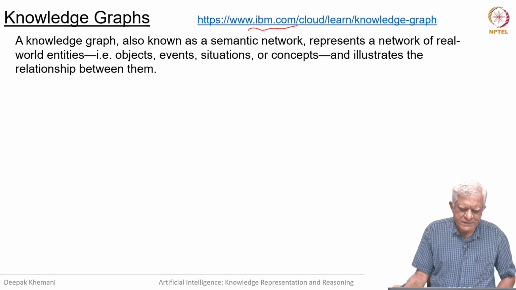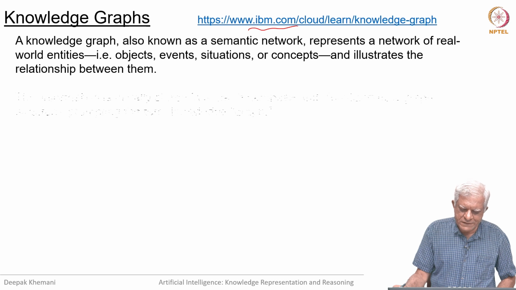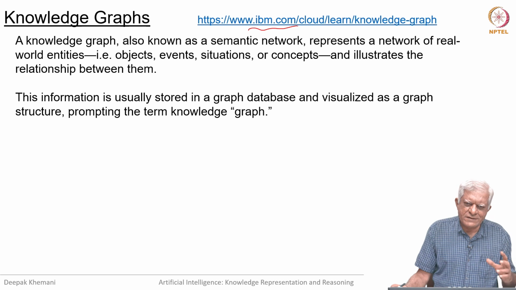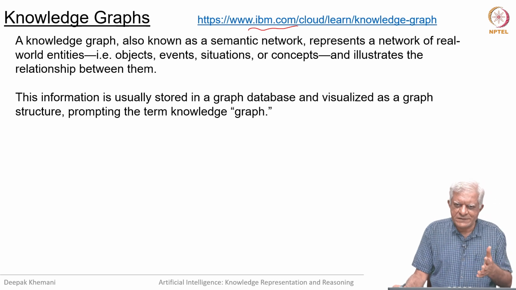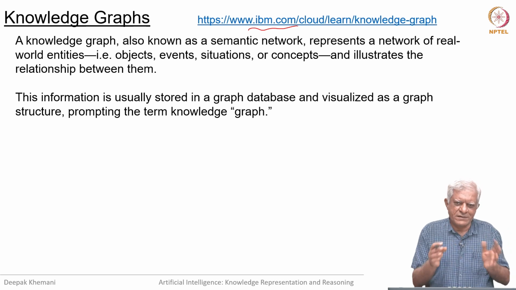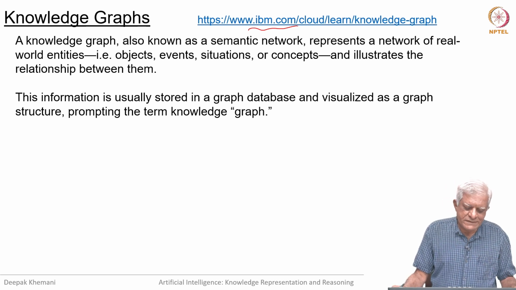So, the emphasis is on the network, or the semantic network. We call it the semantic network because the edges are named essentially. So, this edge means this relation, that edge means that relation and so on, unlike a graph which has unlabeled edges.